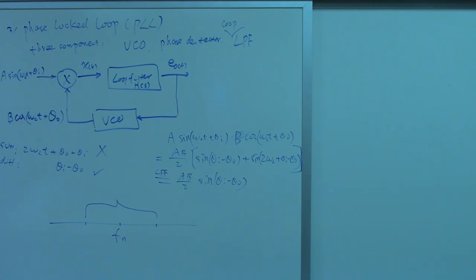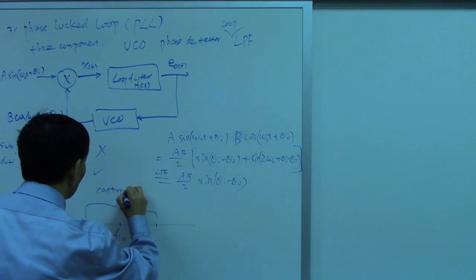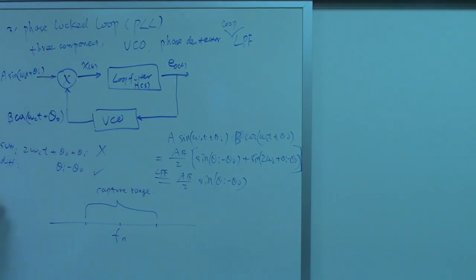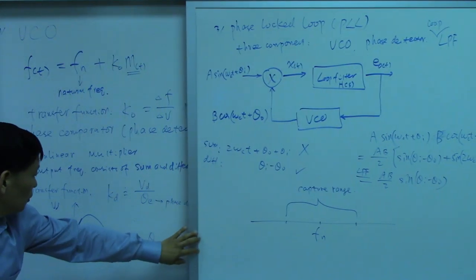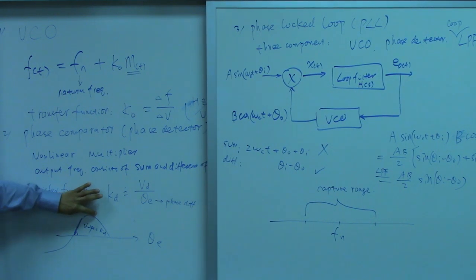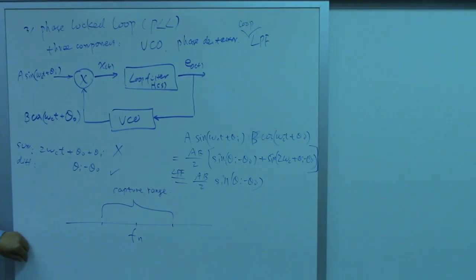So this is called capture range. Remember, we only work at this part. If your phase difference is too large here, it won't be locked. So there's a range here, and this one is the capture range.